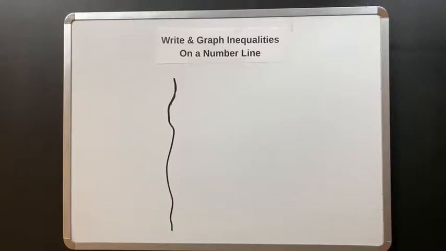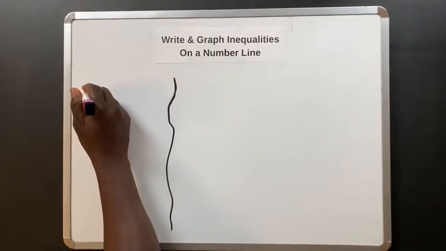Okay, so before we get started with writing and graphing and solving the inequalities, let me give you some basic information because we're going to need to remember this when we graph the inequality. It'll make more sense once we solve a few problems.